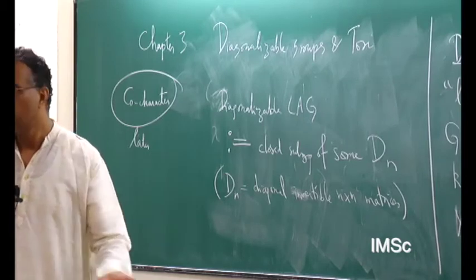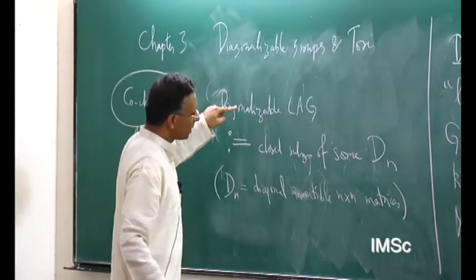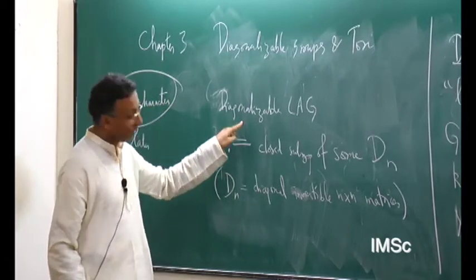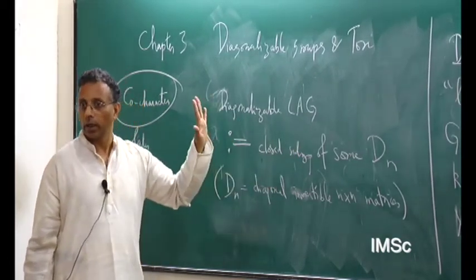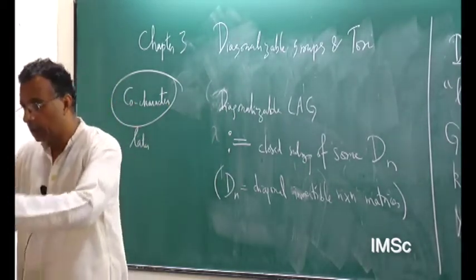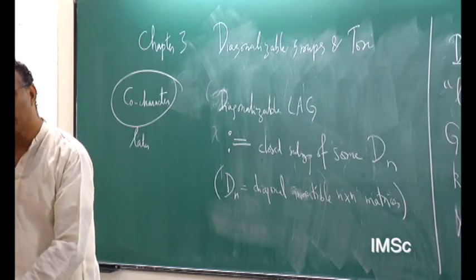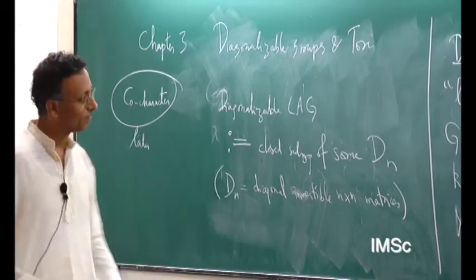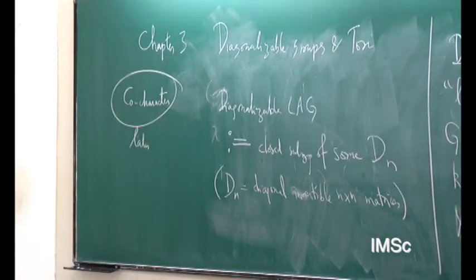Therefore it is a linear algebraic group, and we are saying a diagonalizable linear algebraic group is any closed subgroup of this. Okay, makes sense, right? If you could make it look like a set of diagonal matrices, it's called diagonalizable. Okay. Now here is the theorem.